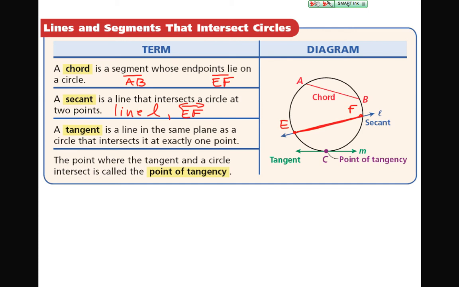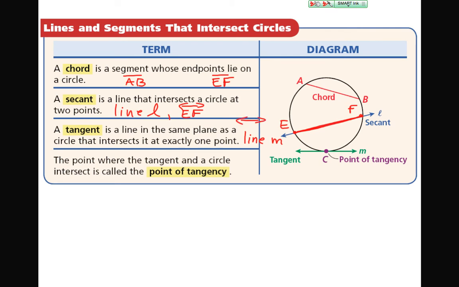Again, to name a tangent, you're naming a line. How would we name the green line that's up there? We use 2 points. There aren't 2 points on the green line. So we would have to use the lowercase m. So we'd write out the word line, M. I know we kind of got lazy once we knew that the lowercase was a line, and we probably would just call it M. Can you use the line symbol?